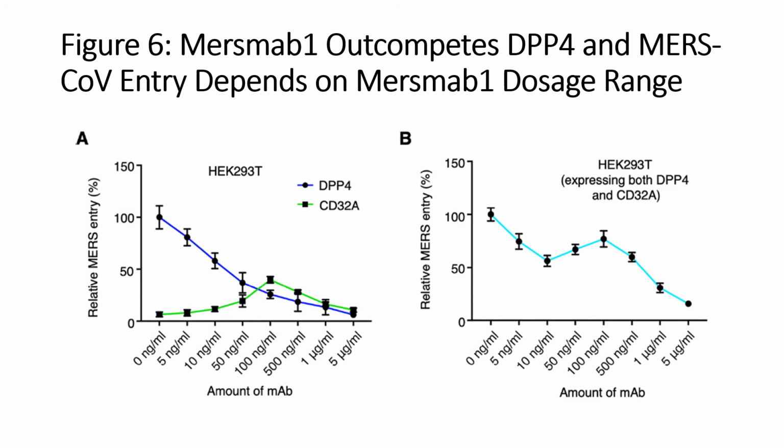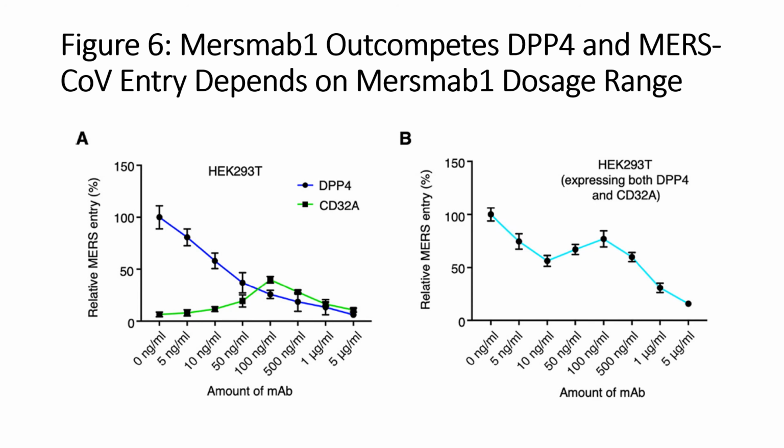And then in 6B, for cells expressing both the DPP4 and the CD32A now, as the MERS monoclonal antibody 1 increased, the viral entry first dropped, then increased, and then dropped again, as we can see.